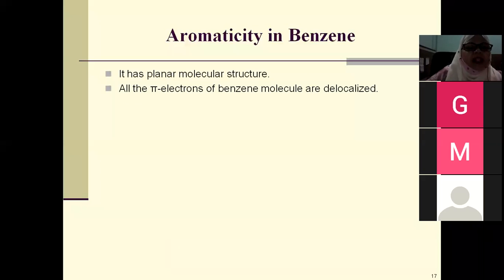Then you will write all the pi electrons of benzene can be delocalized. बेंजीन के जो डबल बॉन्ड्स हैं वो क्या फिक्स्ड हैं at that position? Is it fixed? No. So it can delocalize from one position to another. Okay, so these pi electrons of the benzene molecule are delocalized.